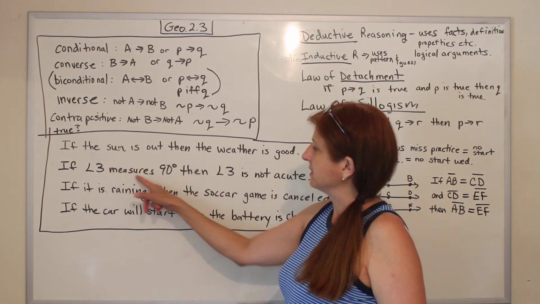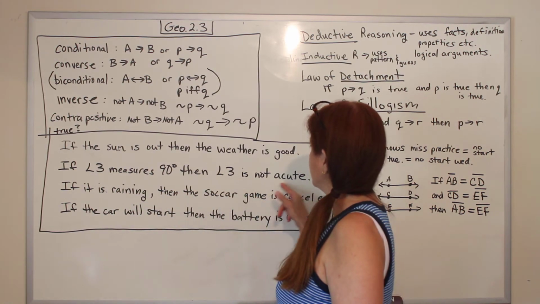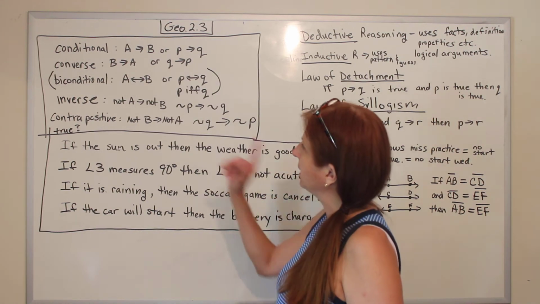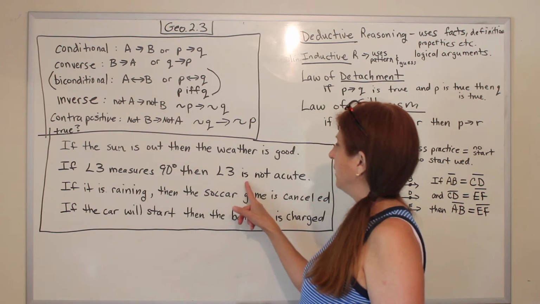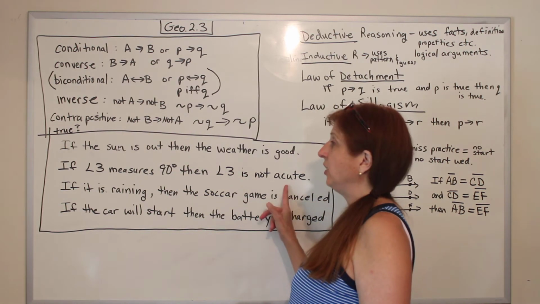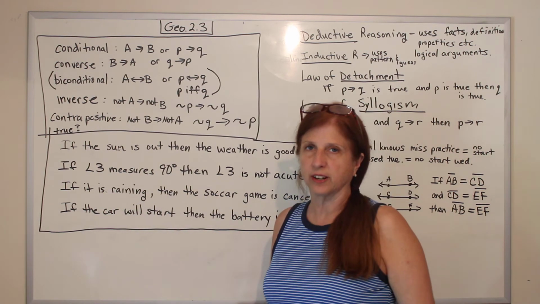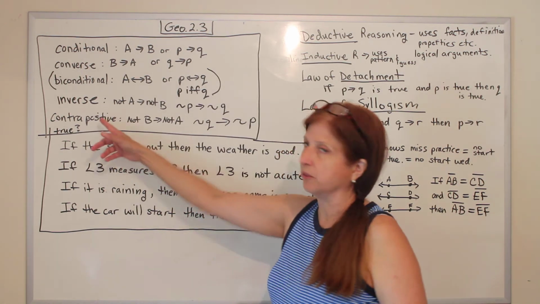If angle 3 does not measure 90 degrees, then angle 3 is acute. Is that true? No, it could be 120. All right, let's do the contrapositive. We switch them and negate them. So if angle 3 is acute, then angle 3 does not measure 90 degrees. Haiku poetry. You just do it. You don't even have to think about it unless they ask you, is it true?